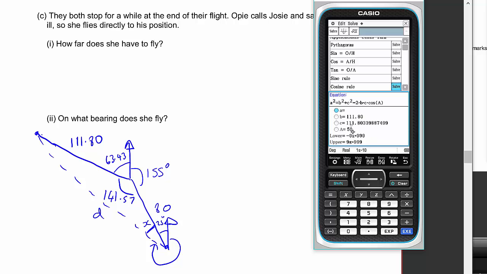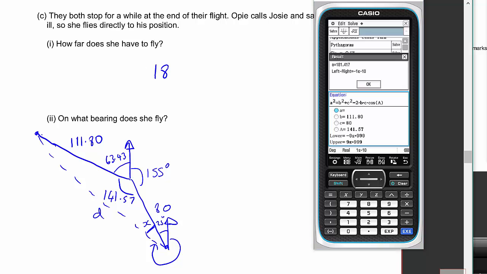It's already in there, I could have used that, and 80, and the angle is 141.4757. So 181.42 kilometers, and so this is 181.42, and so we want this angle.